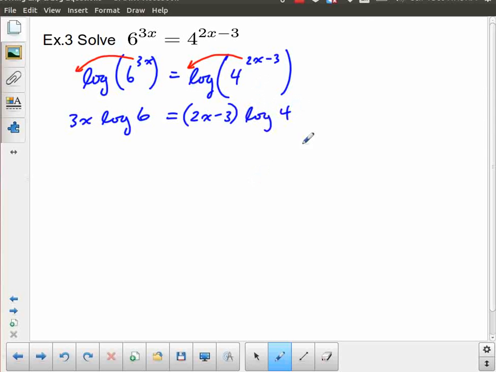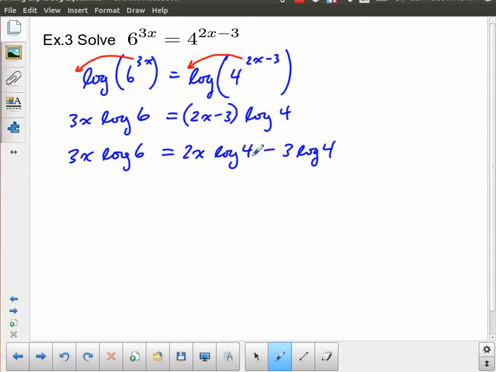Now, at this point, there's not much more I can do because I need to get all of my x's together. And the only way for me to get my x's together is to expand out this term on the right side. So I actually have to leave this as 3x log of 6. And this one becomes 2x log of 4 minus 3 log of 4.